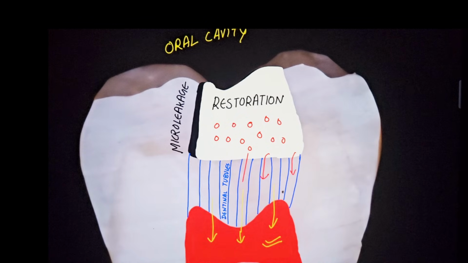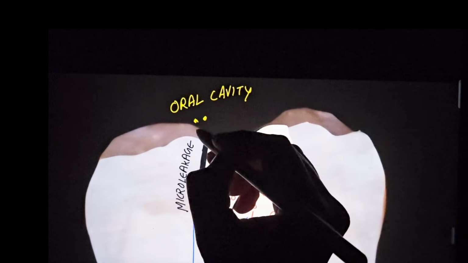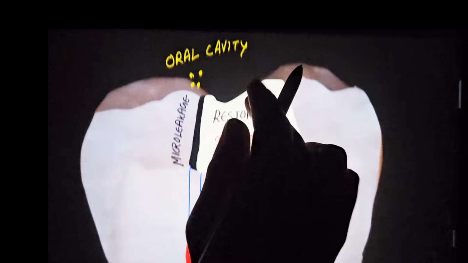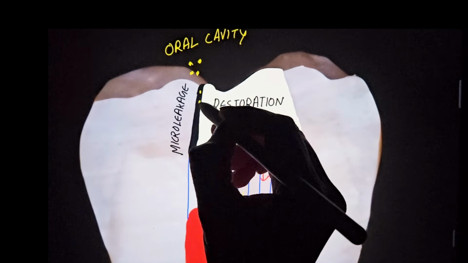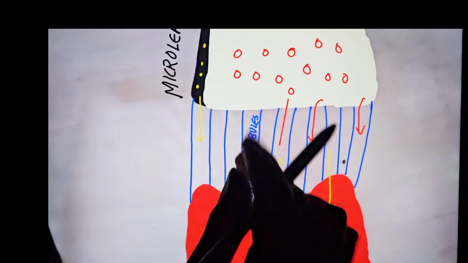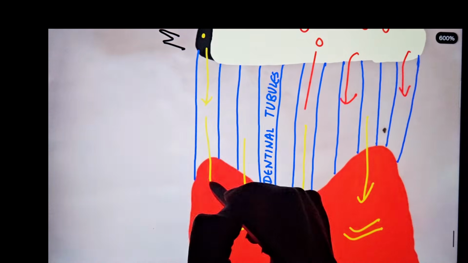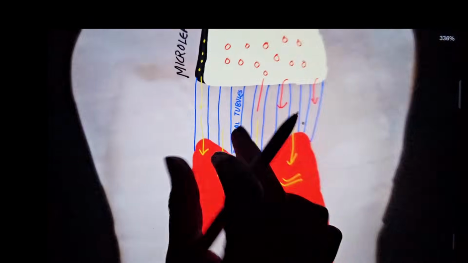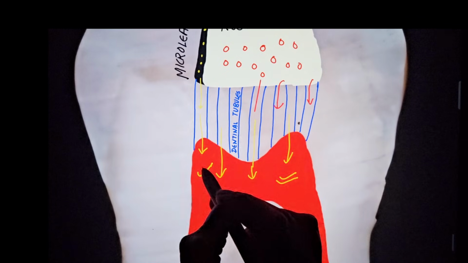Microleakage is another reason how chemicals, fluids, and all sorts of bacteria from the oral cavity can pass between the restoration and the tooth interface, find their way to the dentinal tubules, and slowly from the dentinal tubules reach the pulp and cause pulpal damage.